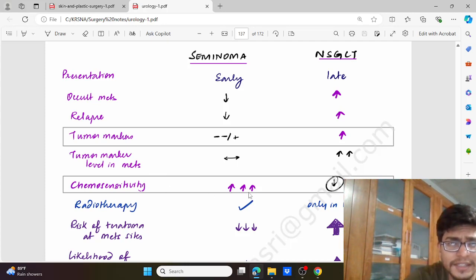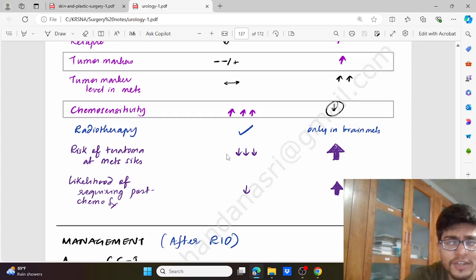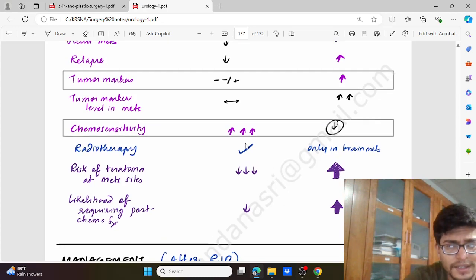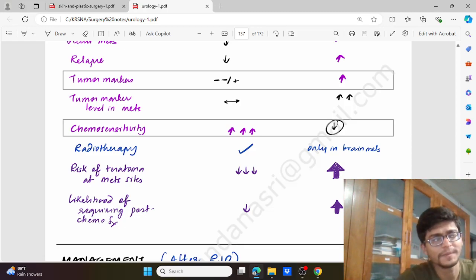Chemosensitivity is high in seminoma and non-responding in non-seminoma. Radiotherapy is active in seminoma and non-active in non-seminoma but helpful in brain mets. Risk of teratoma at metastatic sites is decreased in seminoma and increased in non-seminomatous germ cell tumor. Likelihood of requiring post-chemo surgery is low in seminoma and high in non-seminoma.